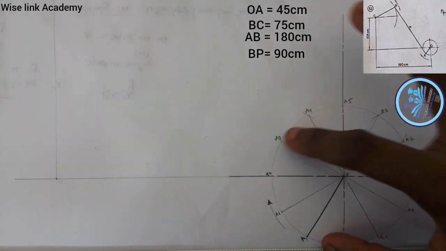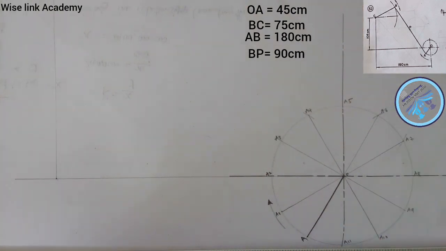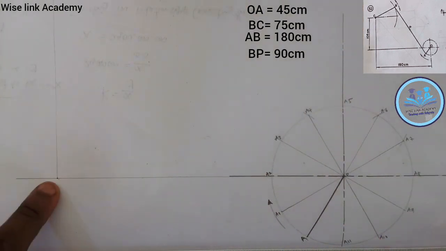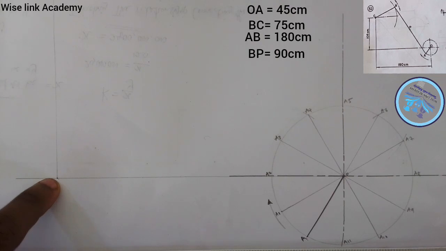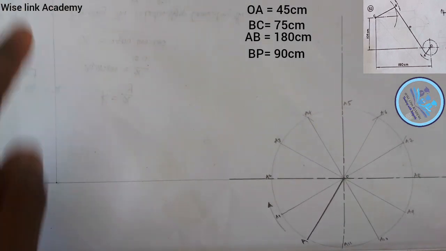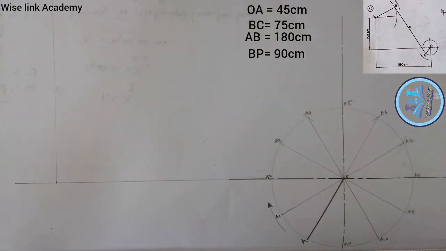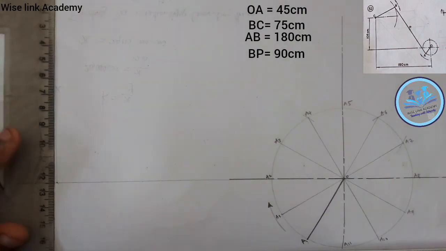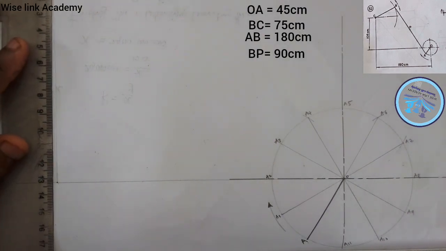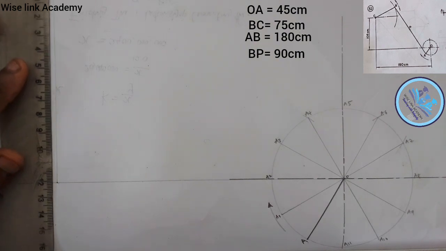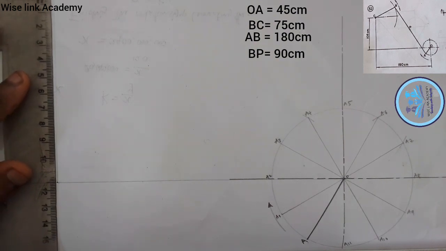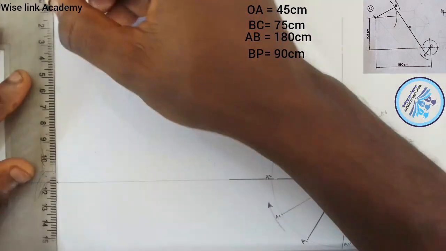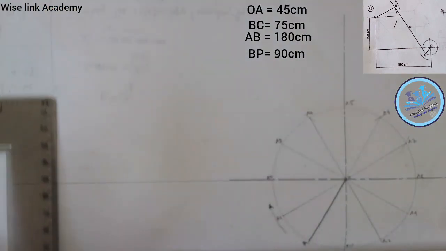So I have produced out my crank. In the question, this point here, as you are seeing, upward is 10.5. So if I place my t-square and my set-square this way, 10.5 will fall at this. From here to here is my 10.5.